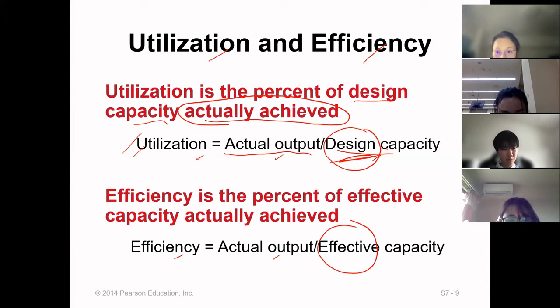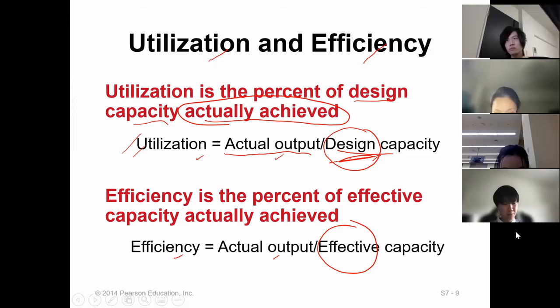So theory yes, but effective is another thing. We need to know both. It is important because the nearer we get to design capacity, the better we are. If your efficiency and utilization are very near, you are a very efficient company.